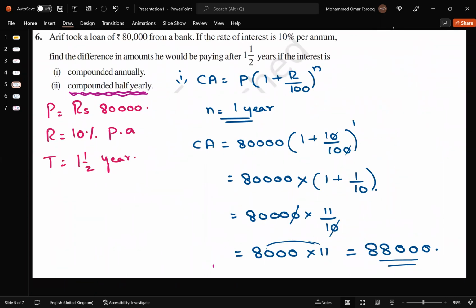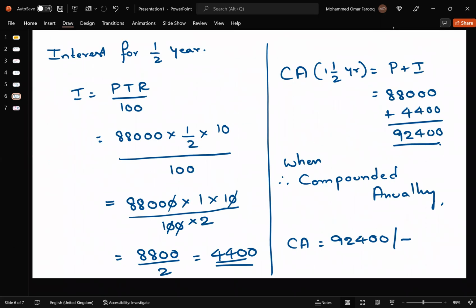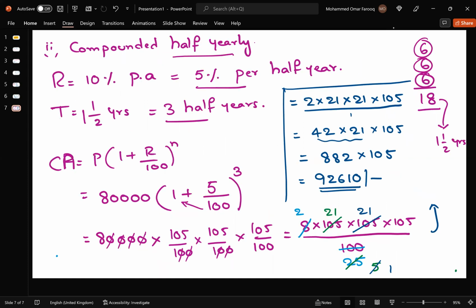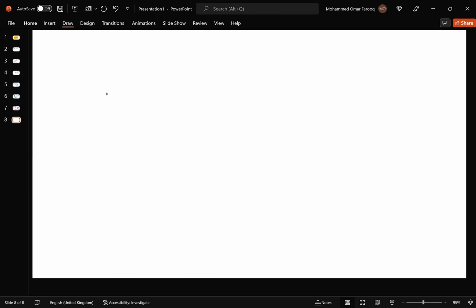The question asks us to find the difference in amounts he would be paying. So what is the amount he paid if it is compounded annually? It is 92,400. Let us write.